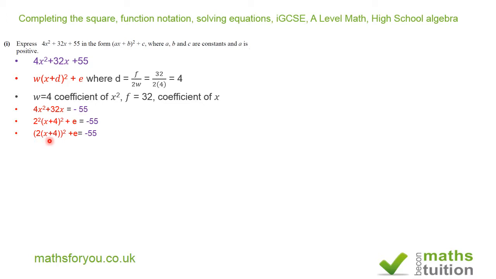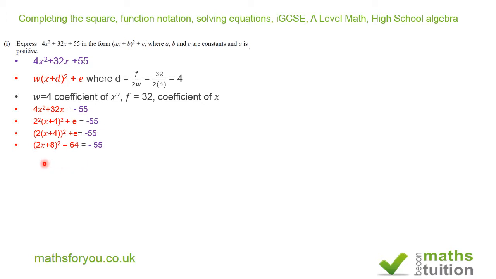And when I expand the inner bracket, I'm going to have 2x plus 8 all squared. When you expand this, you're going to have plus 64 somewhere there, which is not available to us. So we need to subtract 64 to make both balance.